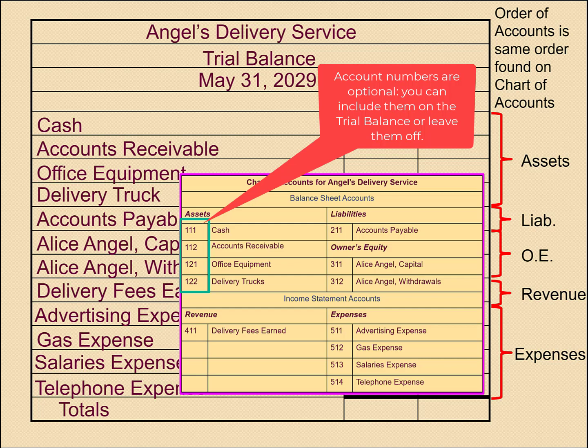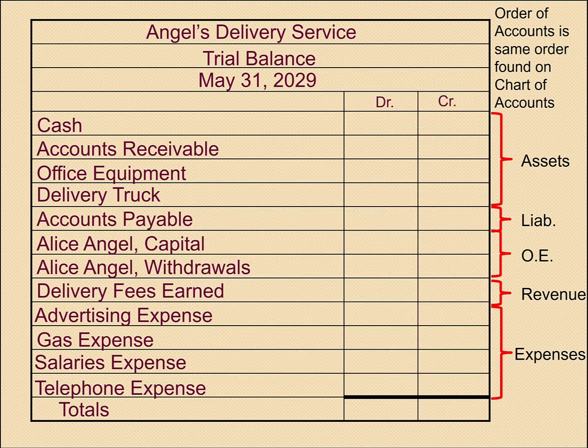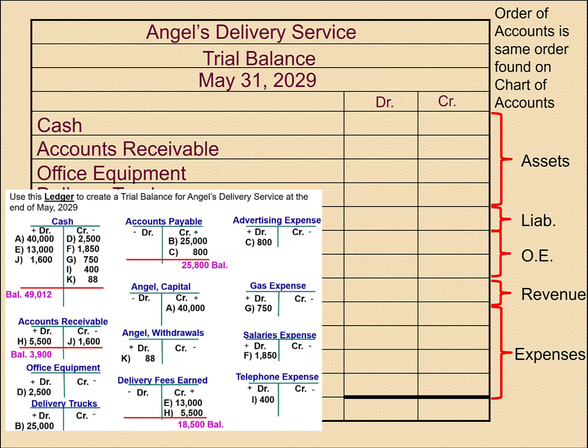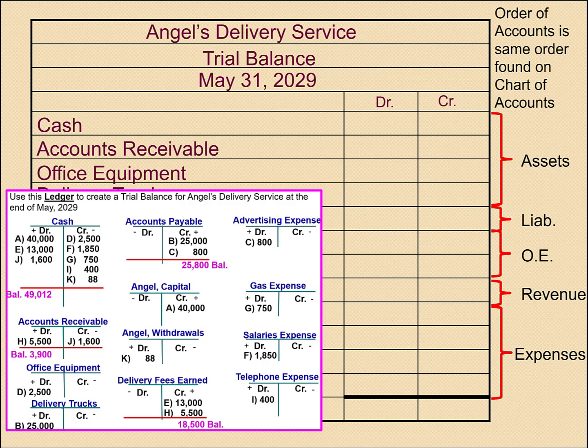All right, so now where do we get the debit and credit balances for these accounts? We need the ledger, which is in the form of the T accounts. So here's a ledger, and now we're just going to find the balance of the accounts and put them either in the debit or the credit column. So cash has 49,012.